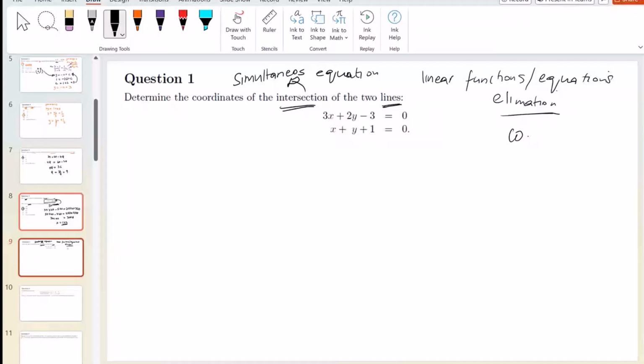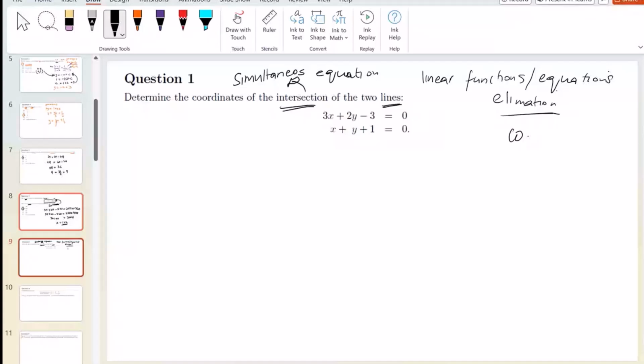So this is 3x, this is x. We name this one equation 1 and this one equation 2. For equation 2 to have the same coefficient of x, we need to multiply equation 2 by 3.